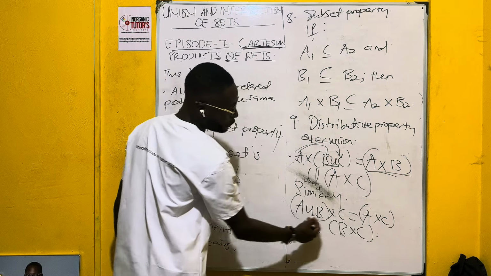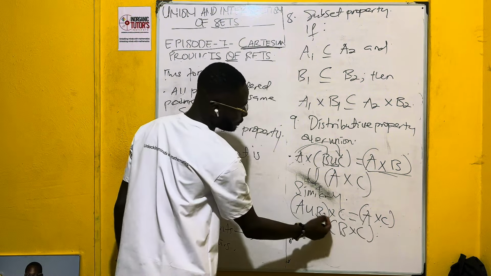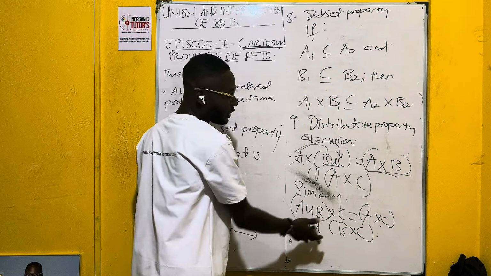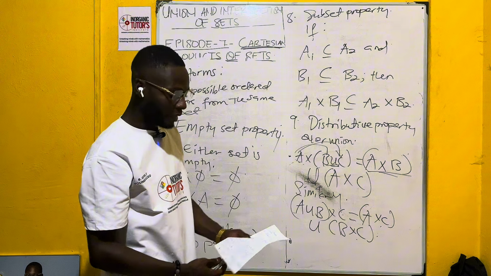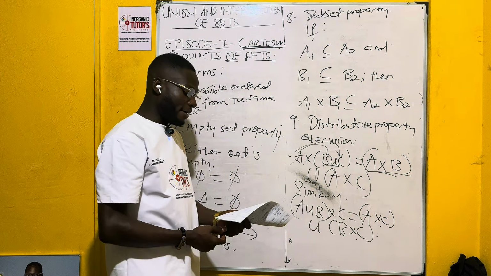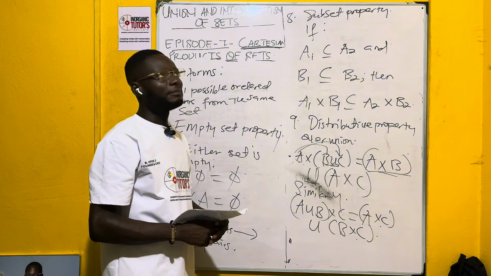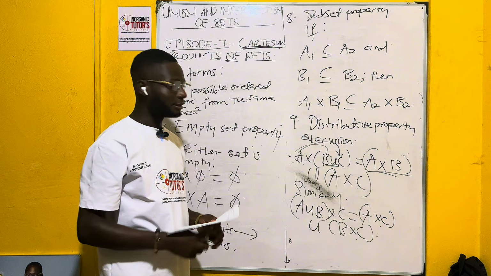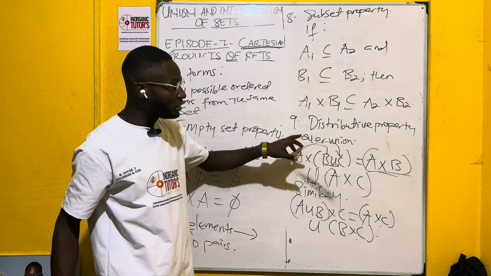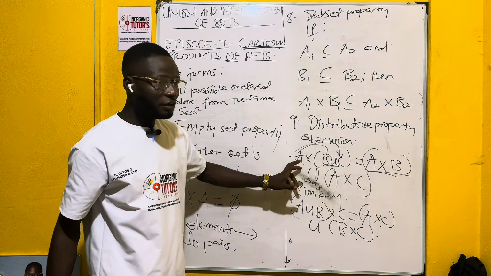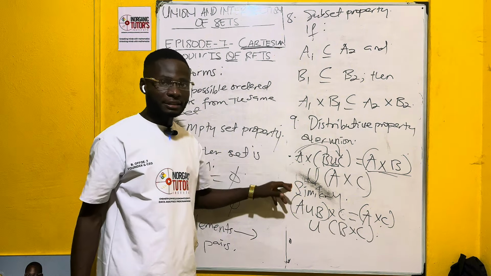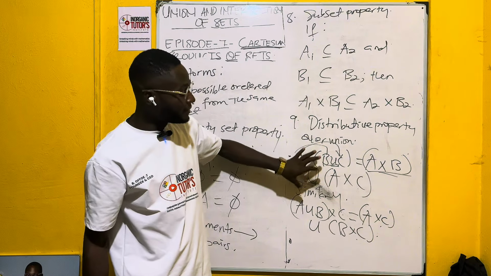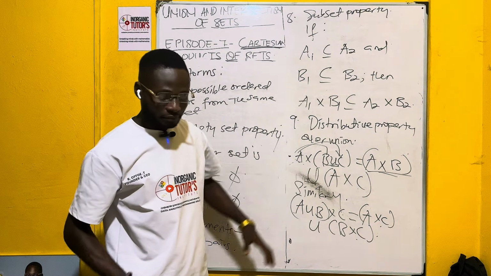We spread this to that, and we have this. We spread this to that, and we have that. The same way we did this, we do in here. This distributive property over union is very, very common in proof writing, so take note of this property as well.